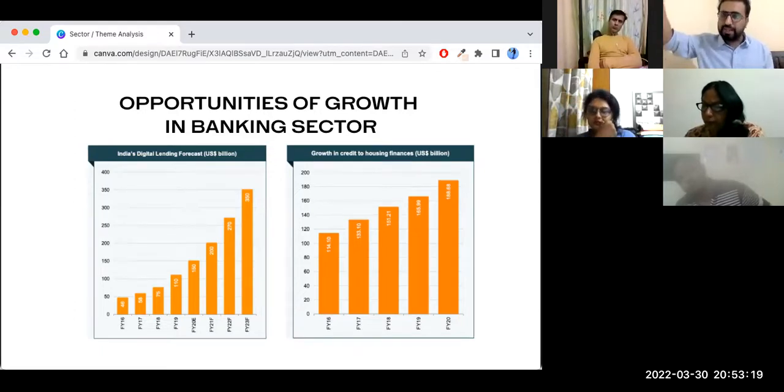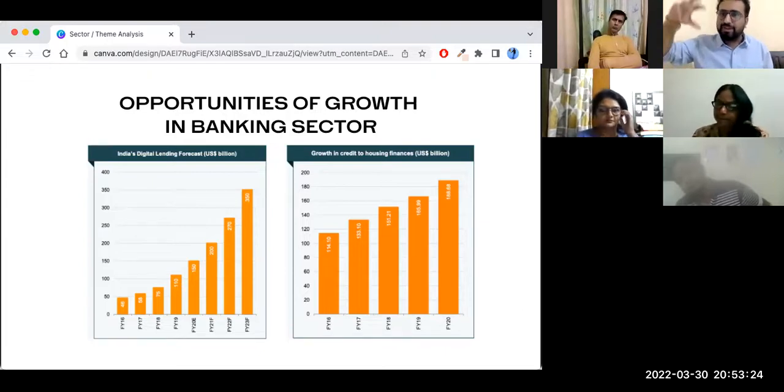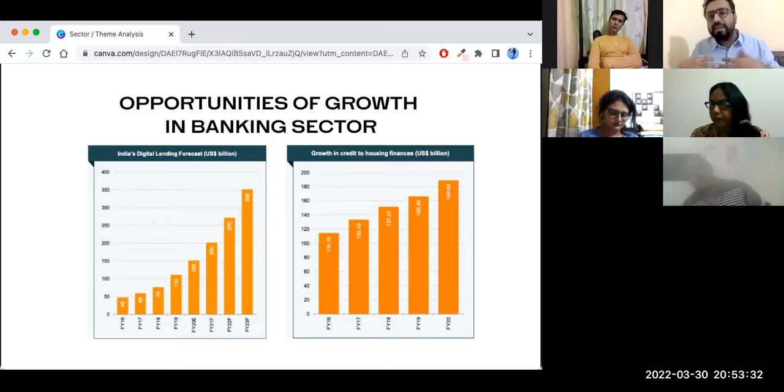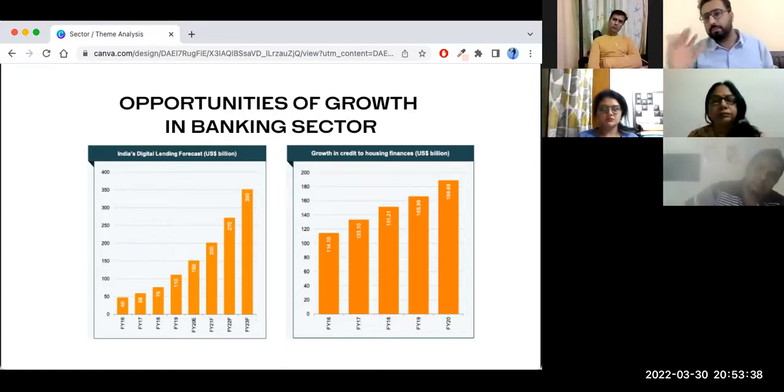I'll provide APIs to them. Whenever there's a loan requirement at their end, they will hit the API. They will use my NBFC as a license, NBFC as a service, and they will give loans. And I'll make some commission out of it.